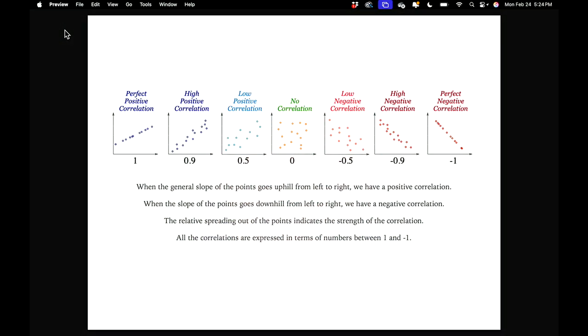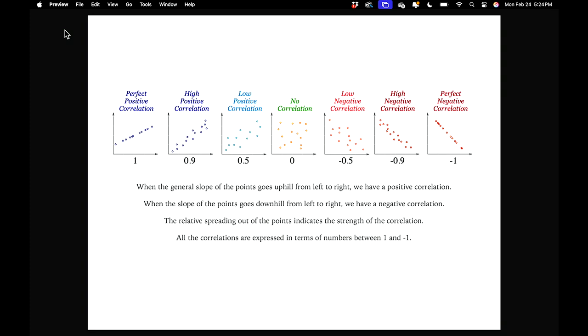So we have this graphic from the course book here. We have a perfect one-to-one Pearson correlation over here on the left-hand side. And then as the spots get a little bit more distributed, we go to a 0.9 correlation, then a 0.5, and then no correlation.